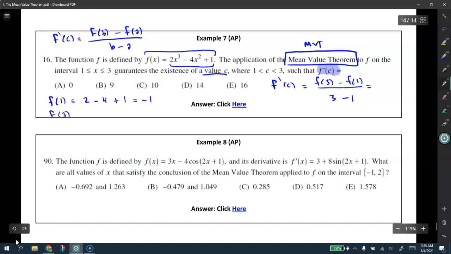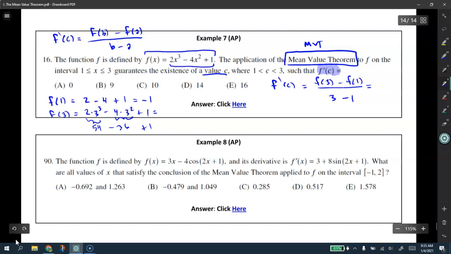Now let's find f of 3. f of 3 is going to be 2 times 3 cubed minus 4 times 3 squared, added to 1. So that becomes 2 times 27, which is 54. Then 4 times 9, which is 36, so minus 36, and then add 1.